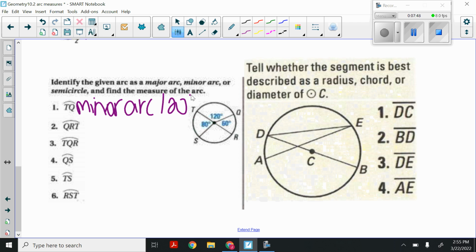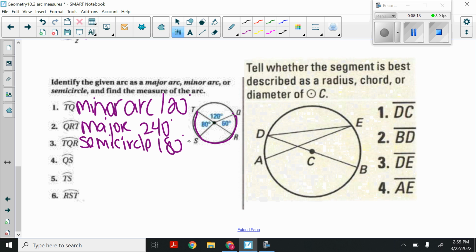Arc QRT, so all the way around, I see that's going to be a major arc because that's more than a semicircle. I know the entire thing is 360, so if I did 360 minus 120, I'm going to get 240 degrees there. Arc TQR, well, that's a semicircle. So I know that's 180 degrees.